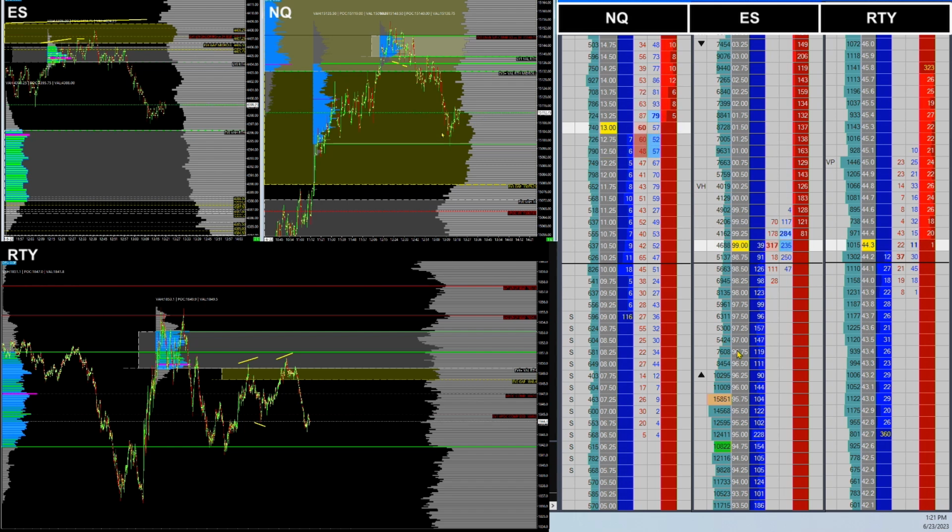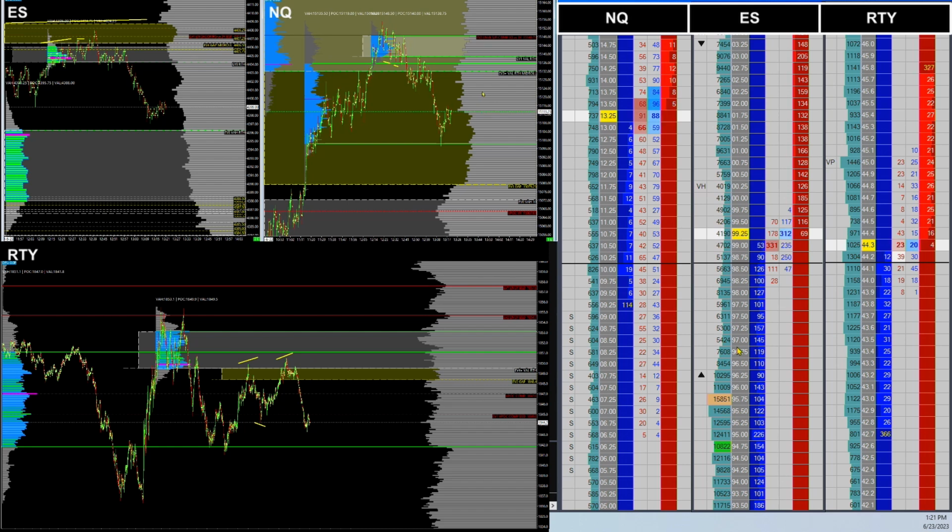So if we don't get what we need down here, we're going to hit a little bit later at the top end. For me, hitting higher up has a higher probability than hitting down here for the long.